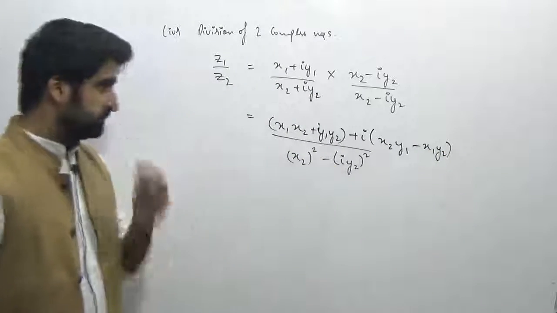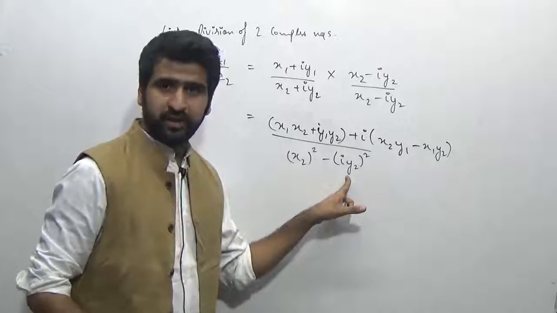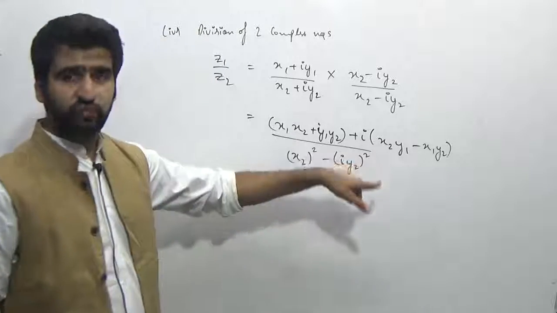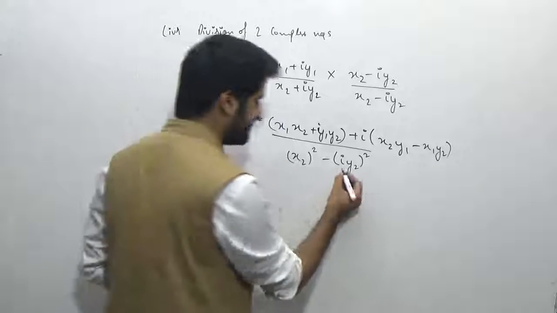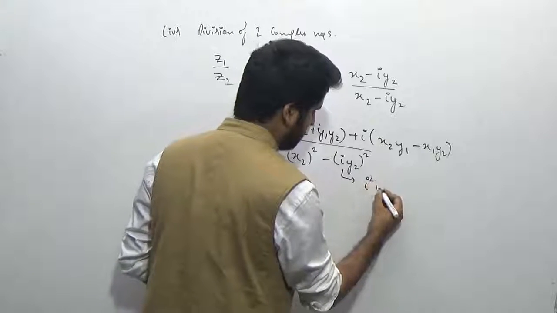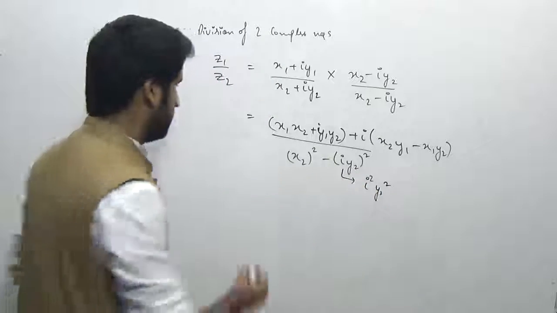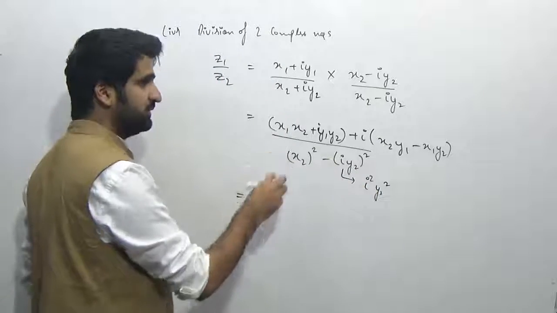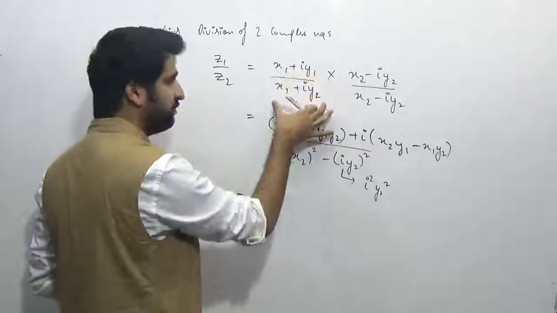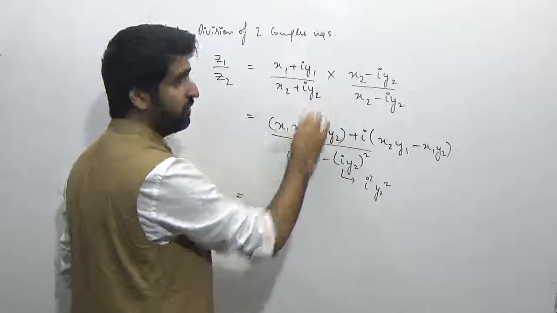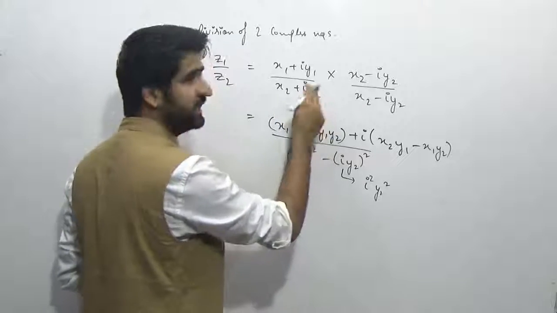Now if we observe the denominator, this thing is x2 square and this thing will become plus y2 square. How? Because this can be written as iota square y2 square. So the denominator will become x2 square plus y2 square. So if we divide two complex numbers, we have to get rid of the complex number from the denominator and rationalize the denominator.